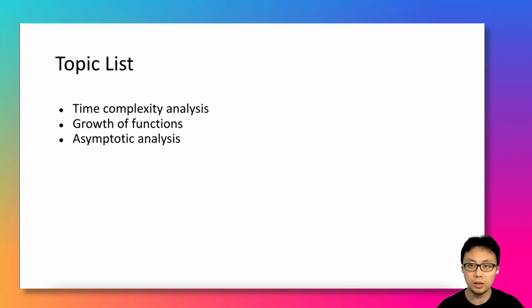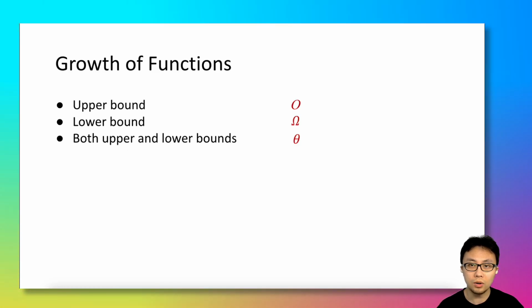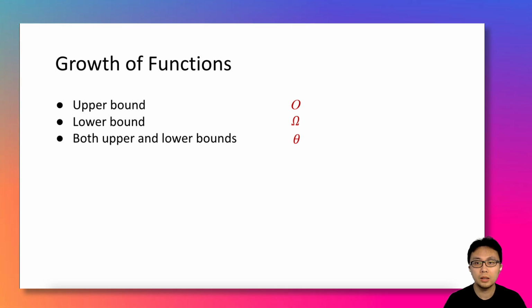Growth of functions is the foundation of asymptotic analysis. Before we get into the details, here's a taste of what we will try to cover and define on this topic. We will try to define the upper and lower bound of a given time complexity function. These can help us simplify the efficiency of that time complexity function as the input size grows.